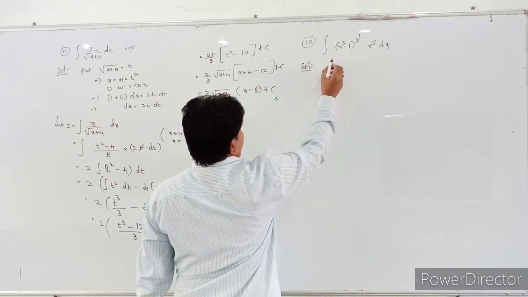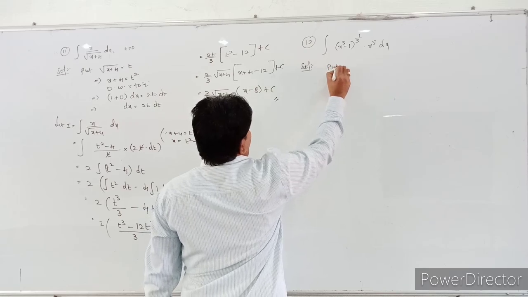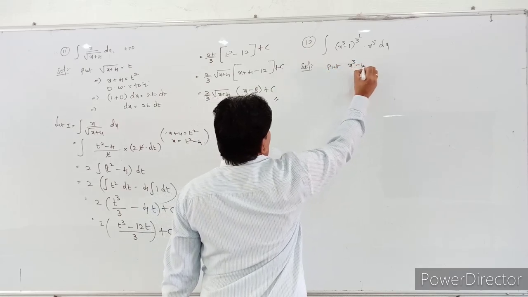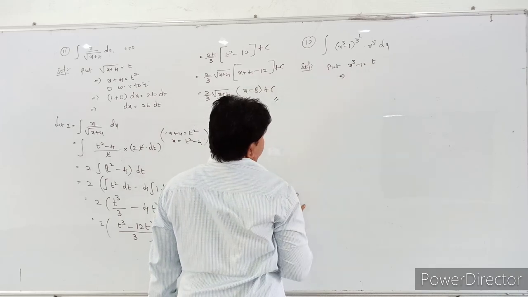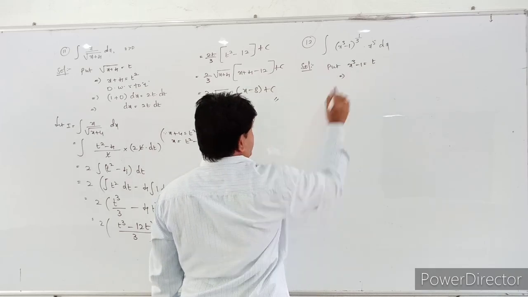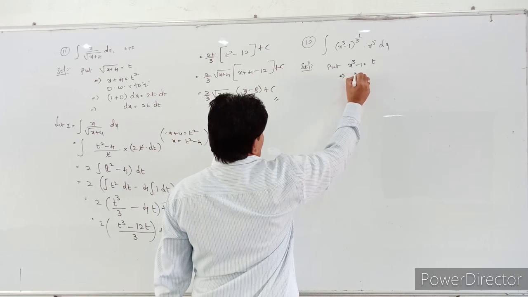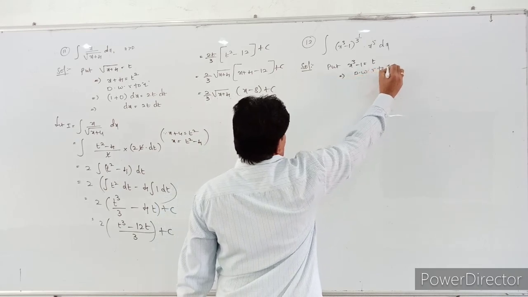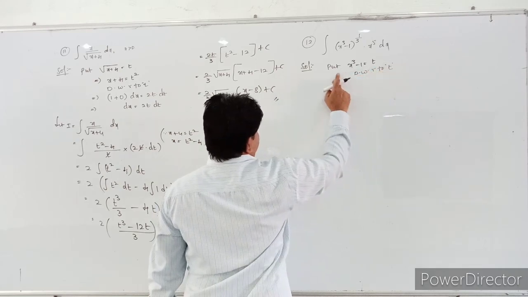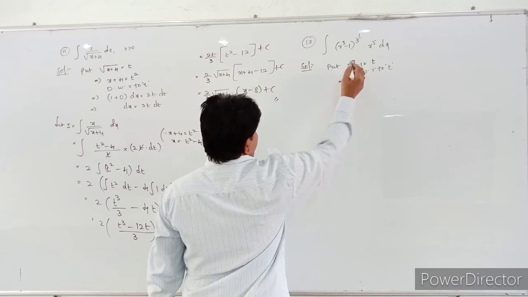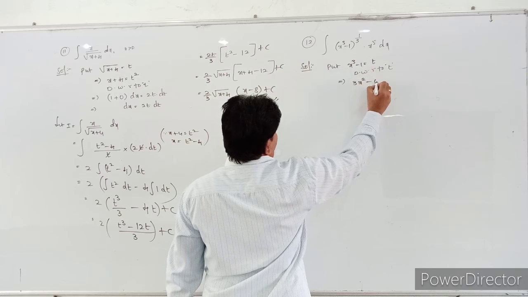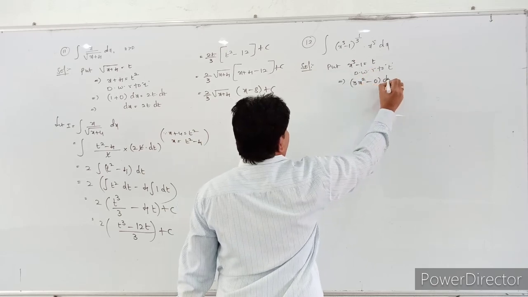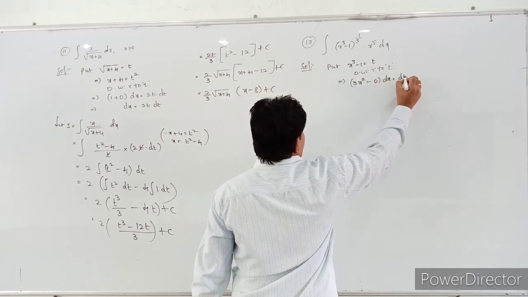First of all, I will put x cube minus 1 is equal to t. Differentiate with respect to x. The derivative of x cube is 3x square, minus derivative of 1 is 0, into dx is equal to dt.